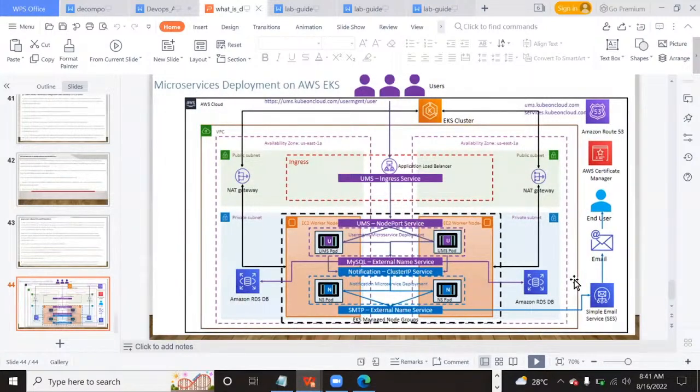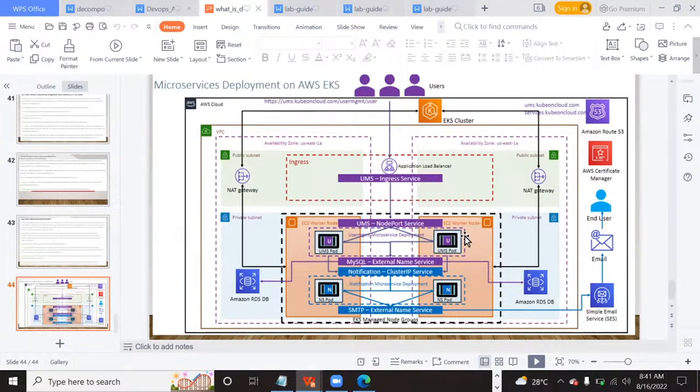In this final production architecture, this is a Kubernetes cluster. Here, the application connects to the database, and the application also has its server.